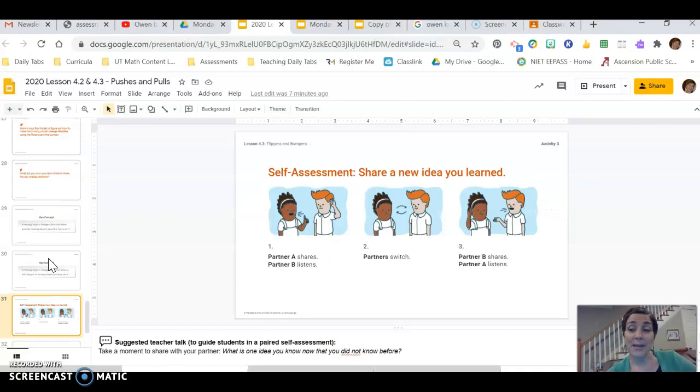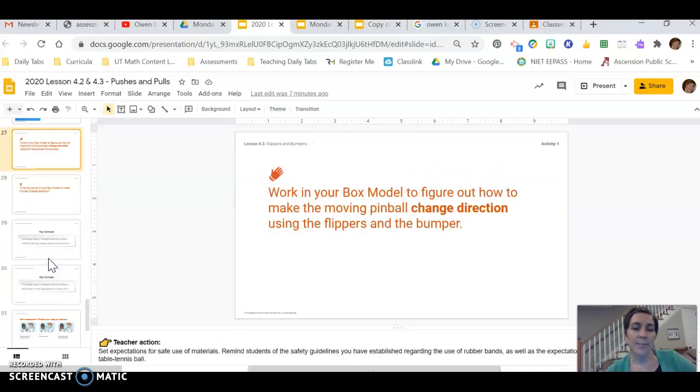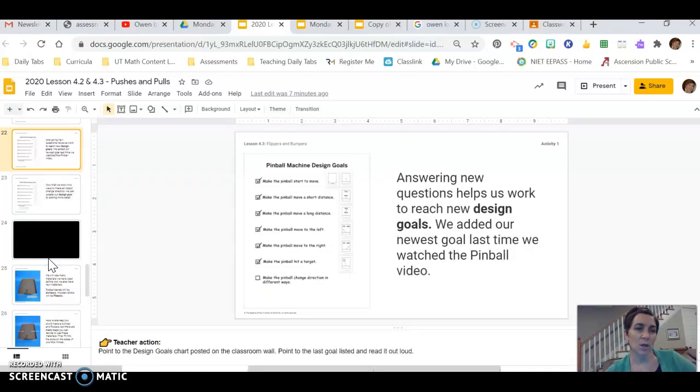Okay, so you might be at home or you might be at school. I want you to tell somebody how to make a ball or an object change directions. I want you to talk this out today. And if you can't remember how to make it change directions, I want you to come back up here and look at our chart.